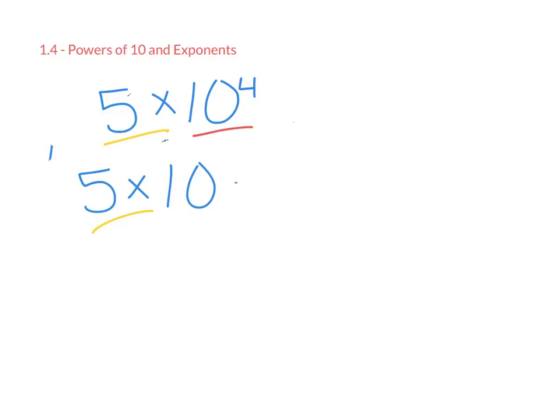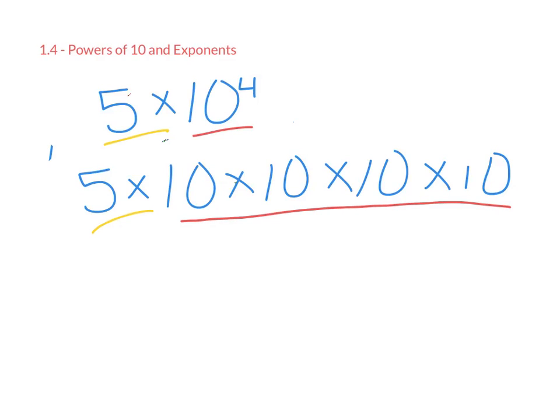So 10 times 10 times 10 times 10. And if you multiply out 10 times 10 times 10 times 10, that's equal to 10,000. And then multiply that by 5, you get 50,000. So 5 times 10 to the fourth is equal to 50,000.